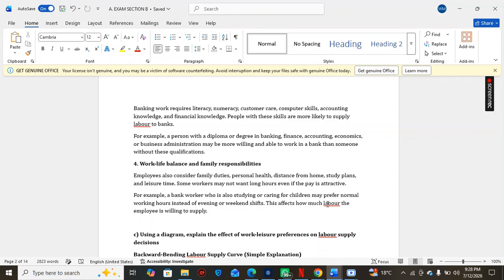Work-life balance and family responsibilities. Certain jobs you cannot maneuver with your work life and your family responsibilities. They might take a lot of your time, the majority of your time.